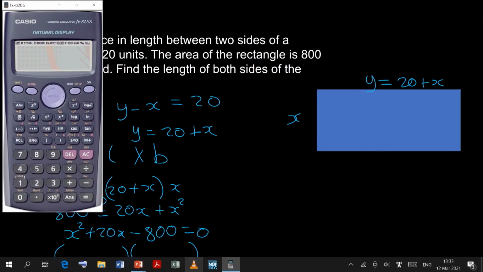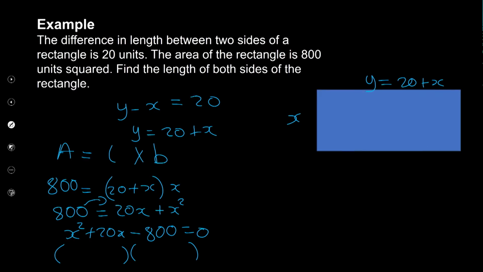On my calculator, inside the square root, this is going to be 20 squared minus 4 into 1 into the negative 800, and this will give me 60. So already it means I have 60. Why am I doing this? It's the same as me just saying minus 20 plus 60 over 2 and minus 20 minus 60 over 2.